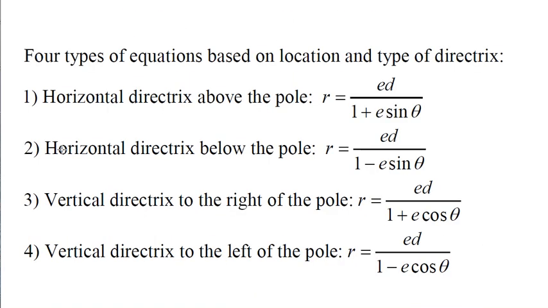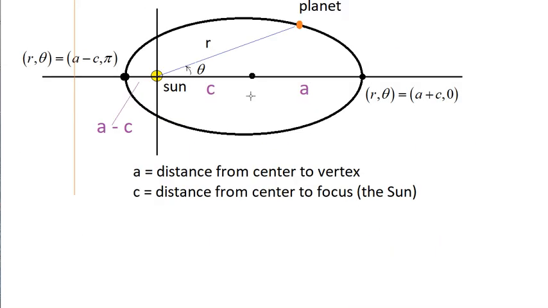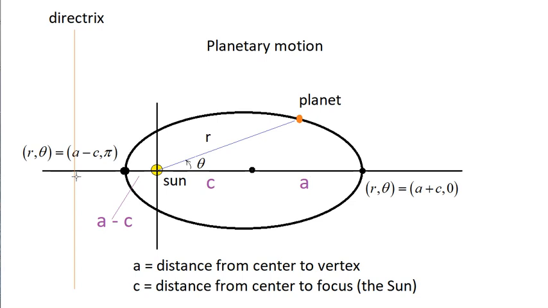From previous videos, we have shown the 4 types of equations based on the location and the type of directrix. For our example here, the directrix is to the left of the pole and is vertical.